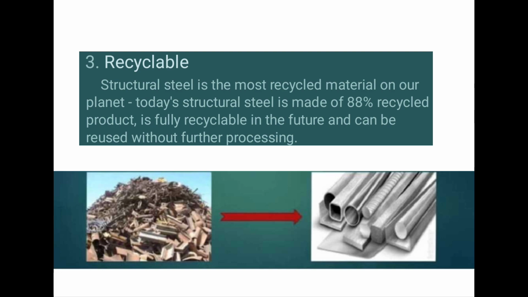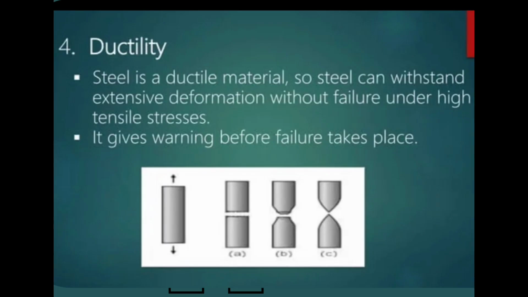Structural steel is the most recycled material on our planet. Today, structural steel is made up of 88% recycled product, is fully recyclable in the future, and can be reused without further processing. You can see here, recycling turns unwasted material into a productive form.